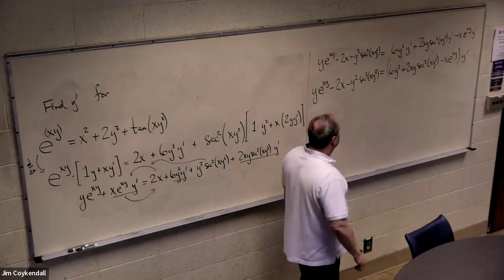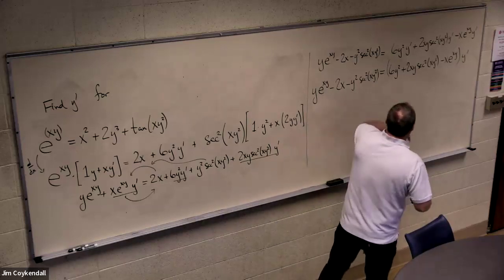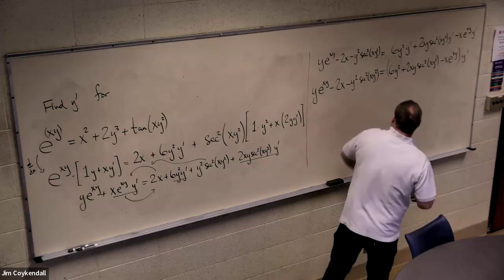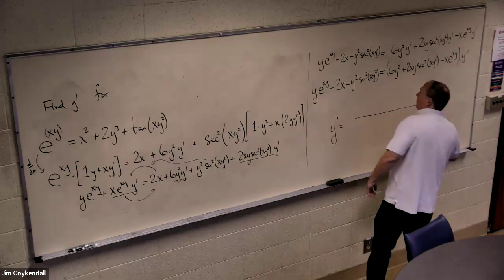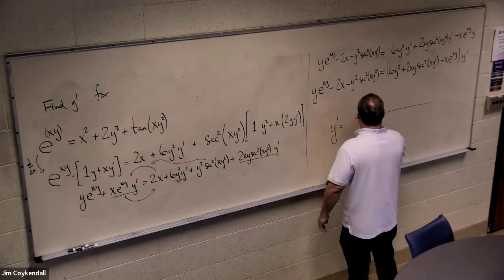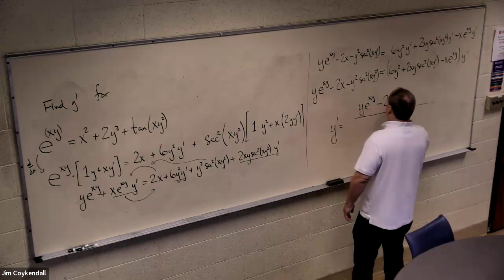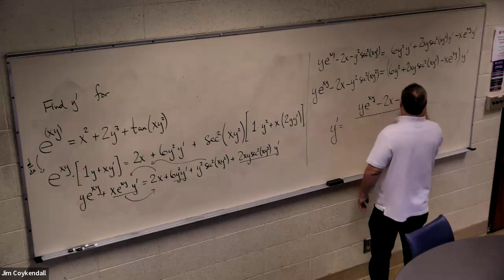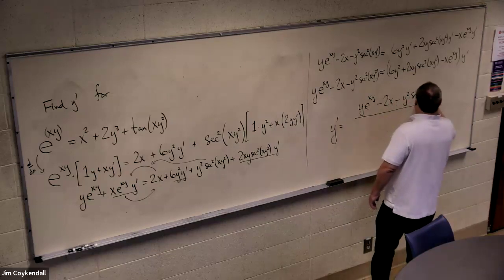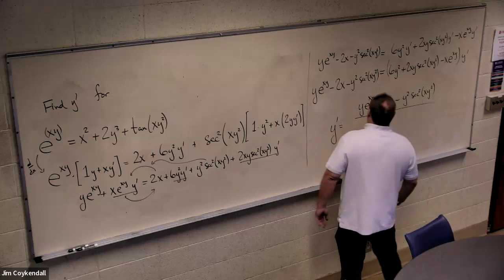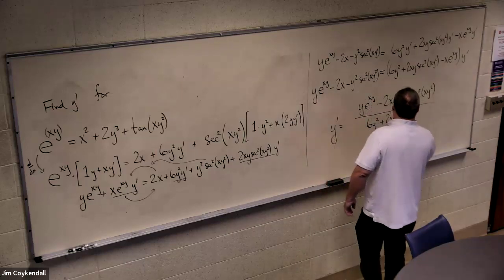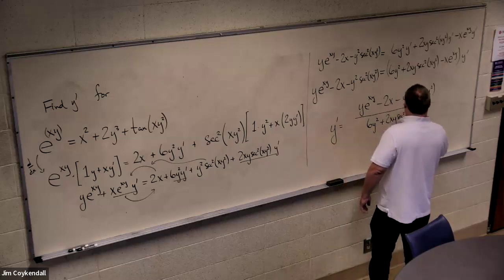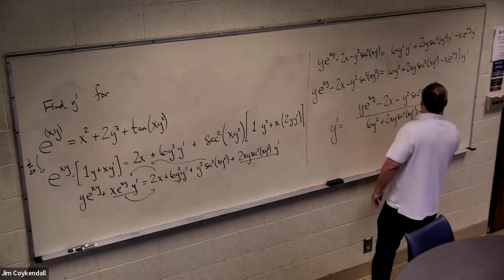And finally, in our moment of triumph, we'll divide by this thing. So it will just be left with that factor over 6y squared plus 2xy secant squared xy squared minus x e^(xy).